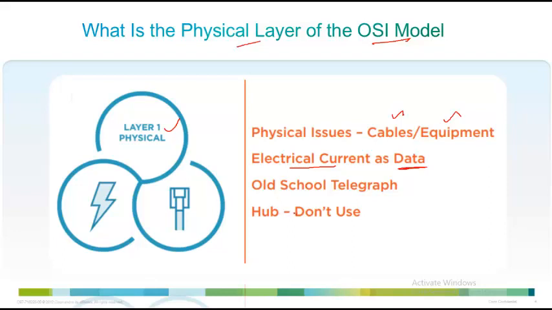Electric current has got a language called on and off. With this, they found a language called binary. Binary 1 and 0. 1 means on, 0 means off.